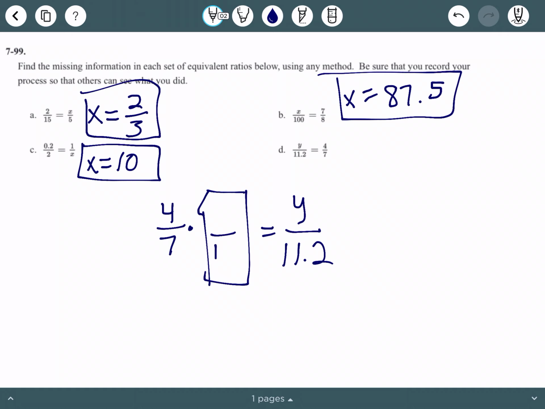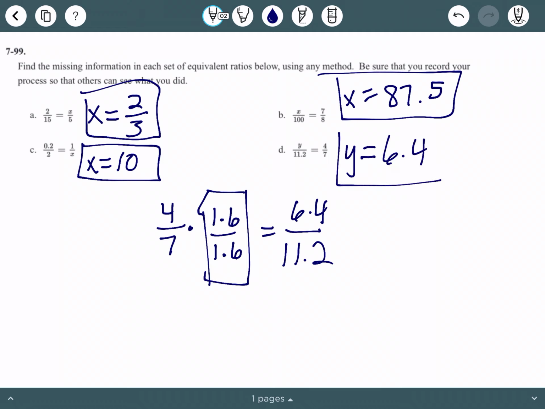That's going to give me 1.6. And on top here, I'm also going to have 1.6 to have my giant 1. So when I multiply 4 by 1.6, I'm going to get 6.4 for my y. So I'll say y equals 6.4.